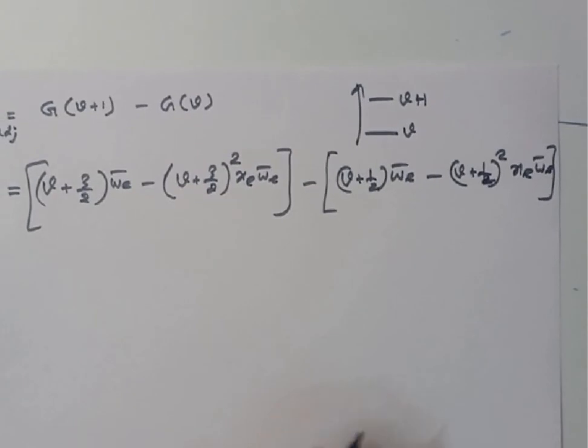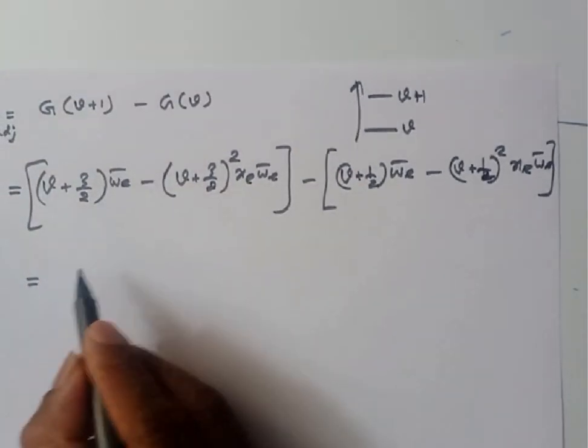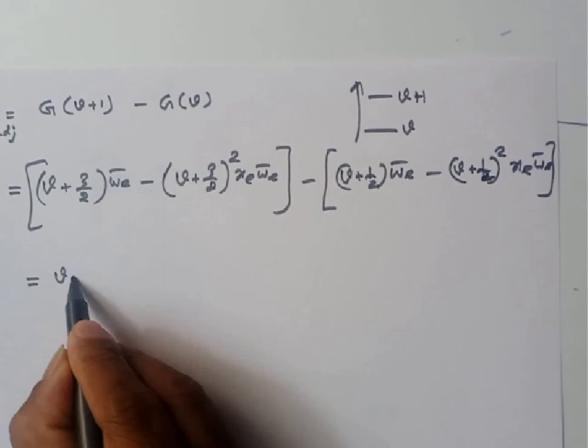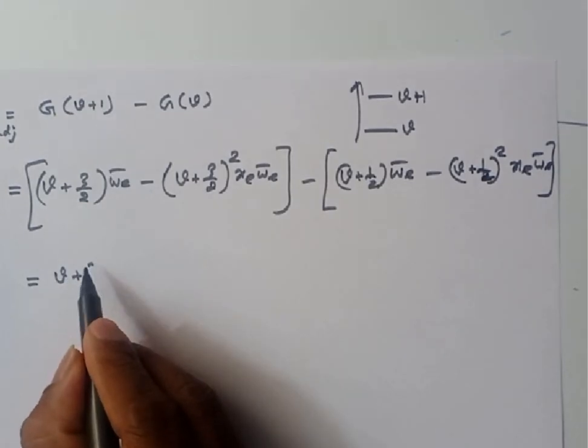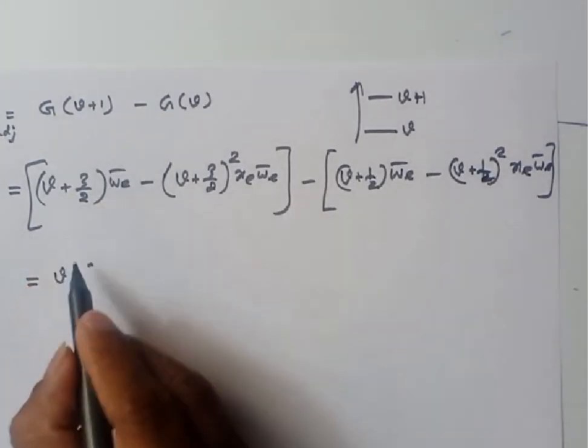Now I'll simplify this. I'll multiply this with omega_e bar.